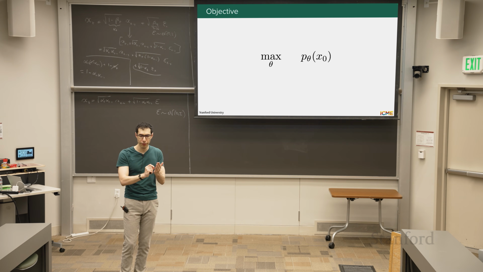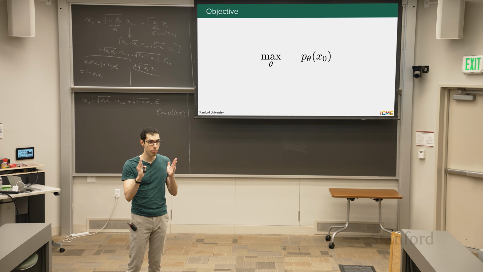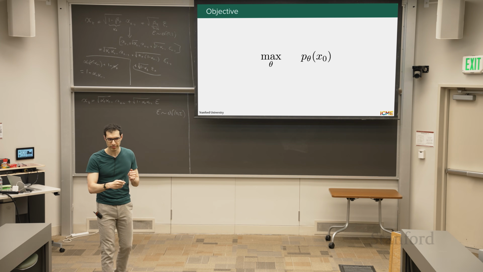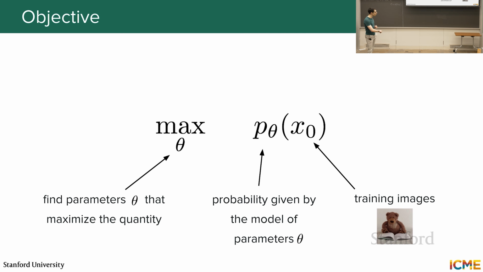So they want to find the parameters theta that maximize the probability of your model seeing your training data. In this case, the training data is just our training images, so clean images. And our model here is something that has p theta in it, the probability of an image happening, which we will see how we can condition. What we want to do is to find the parameters theta that do that.